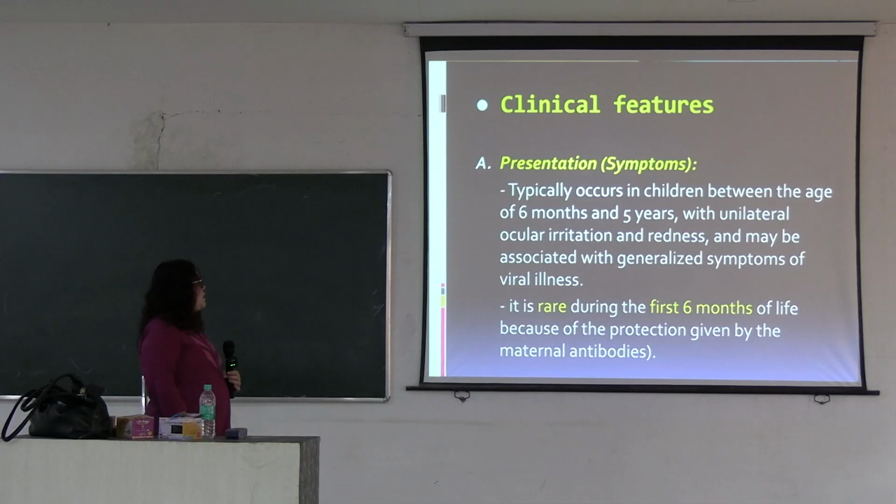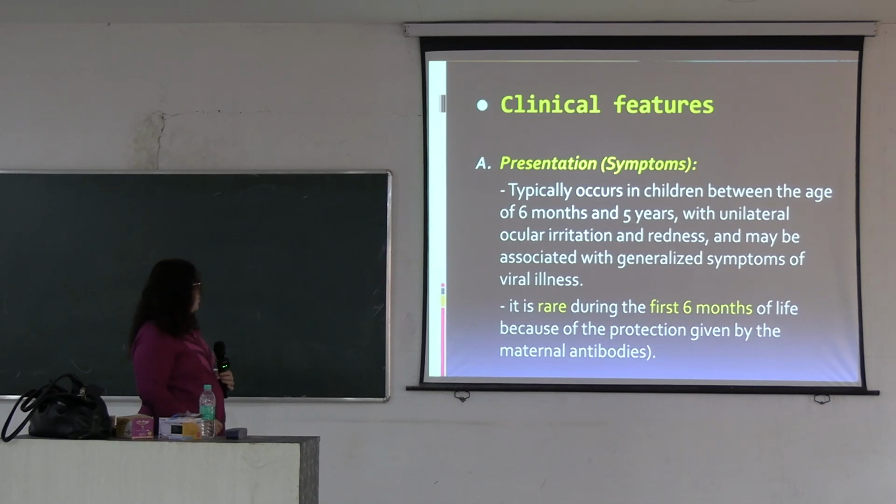Then clinical features. Primary herpes simplex virus commonly affects the children age group of 6 months to 5 years. It may be unilateral or bilateral. There is ocular irritation, redness, and generalized symptoms of viral fever.